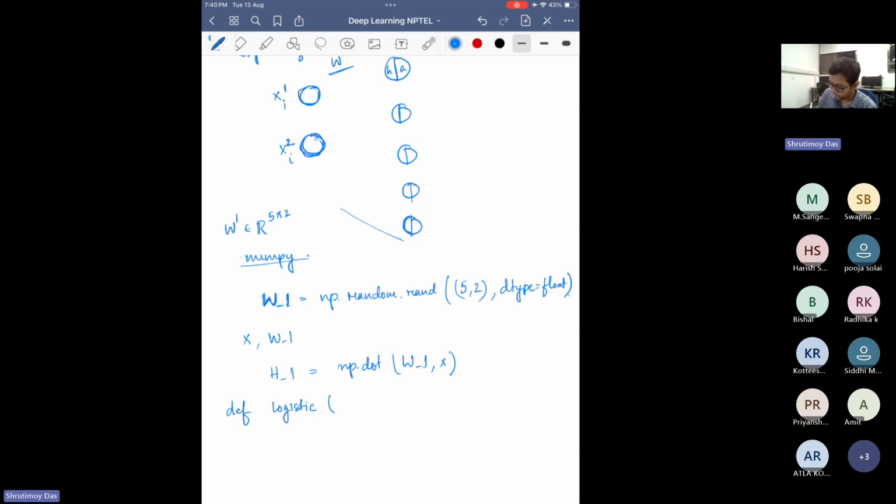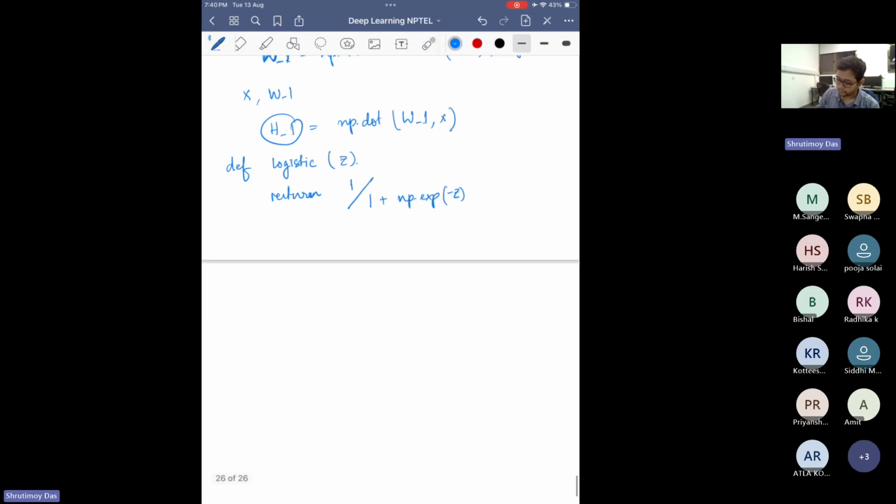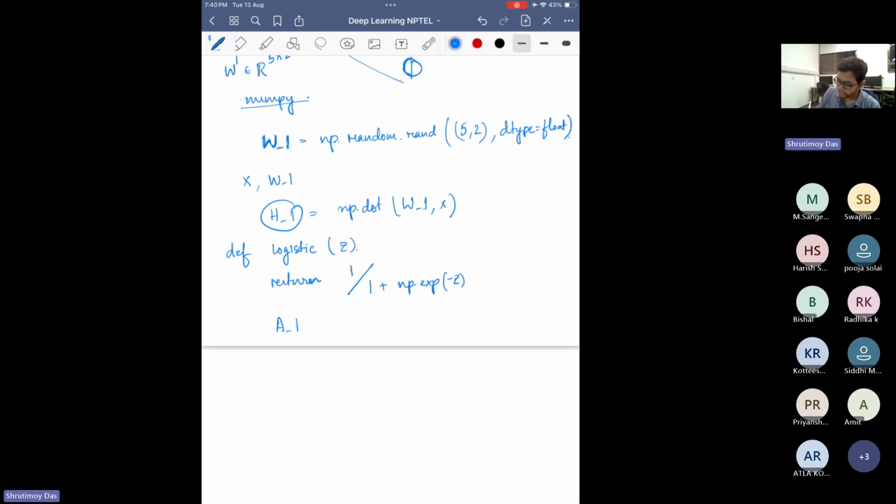Here I will input some Z, and it will output 1 divided by 1 plus numpy dot exponential of minus Z. And now once I have H1, I will get A1 by calling this function logistic of H1. So is this part clear?